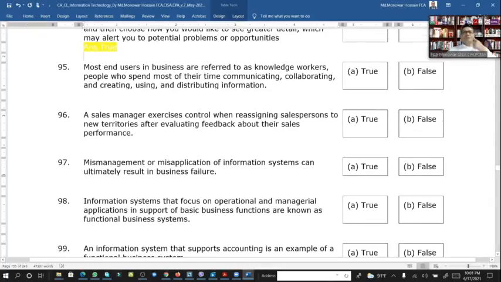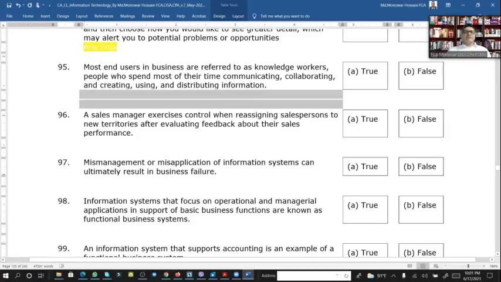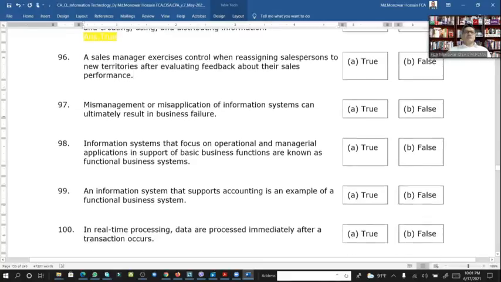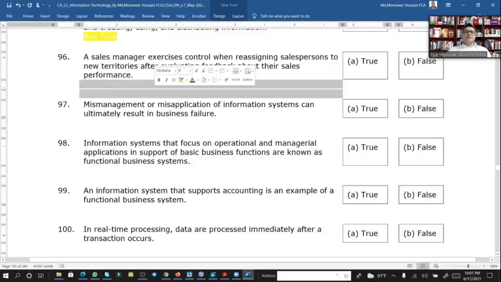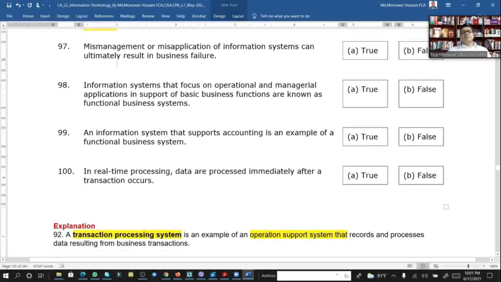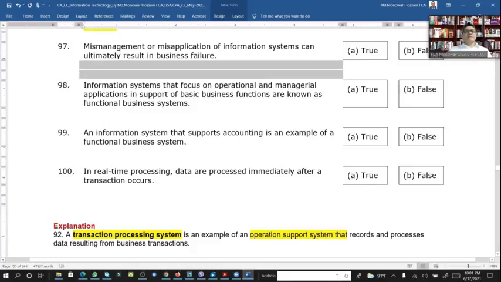Most end-user business refers to knowledge workers, people who spend most of their time communicating. It is true. A sales manager exercises control when moving a salesperson to a new area or territory. Also true. Mismanagement of information systems can ultimately result in business failure.